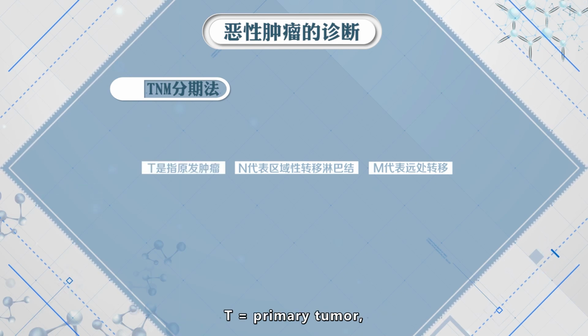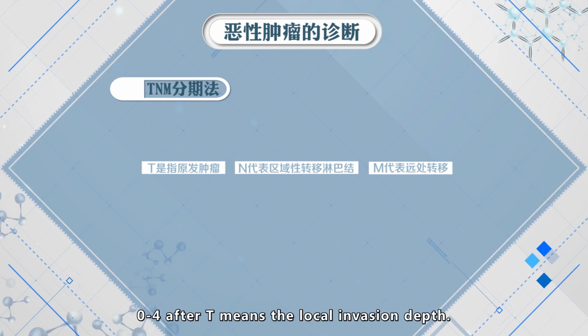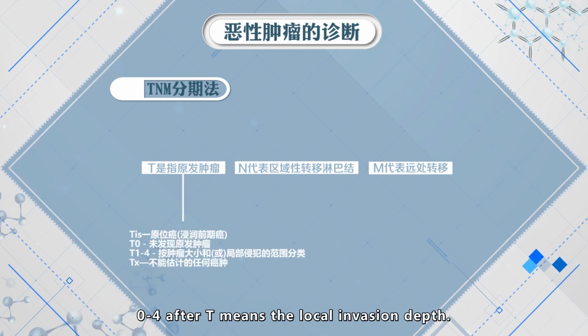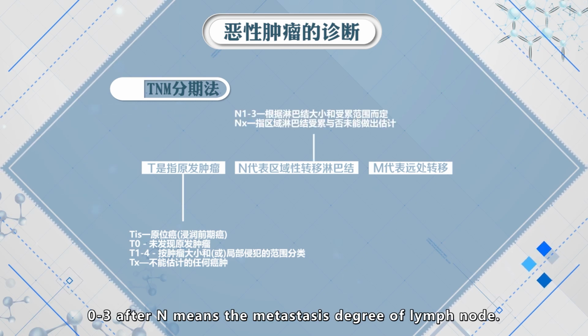T, primary tumor. N, lymph node. And M, distant metastasis. After T and N, the degree of tumor development is indicated by a number. 0 to 4 after T means the local invasion depth. 0 to 3 after N means the metastasis degree of lymph node.